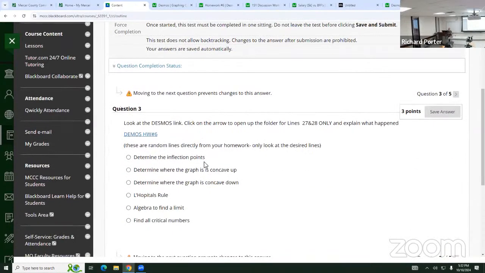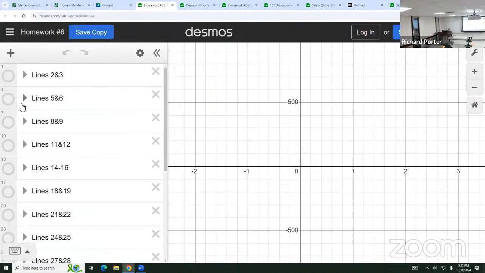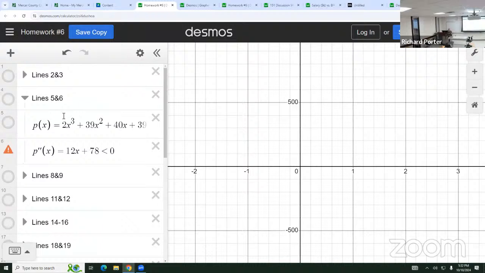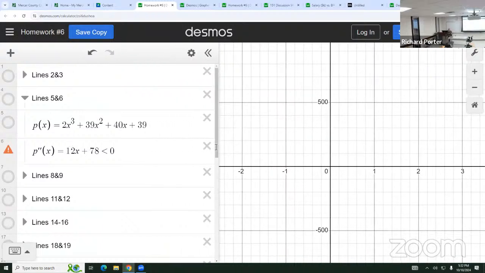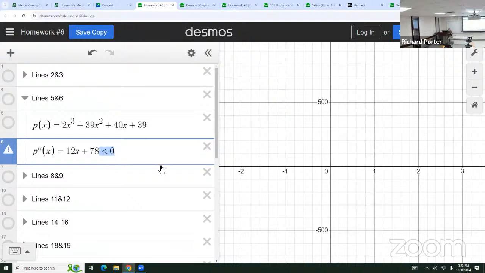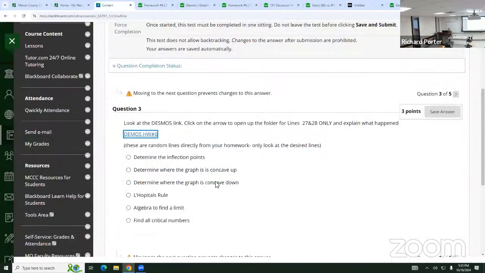Question 3, determine the inflection point. Okay, 5 and 6. They said the second derivative less than 0. So what are they looking for? Concave up or down? Down, concave down. Okay, the graph is concave down.